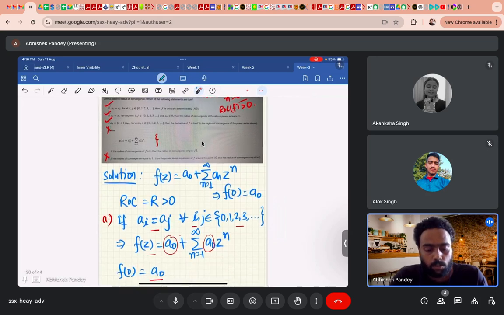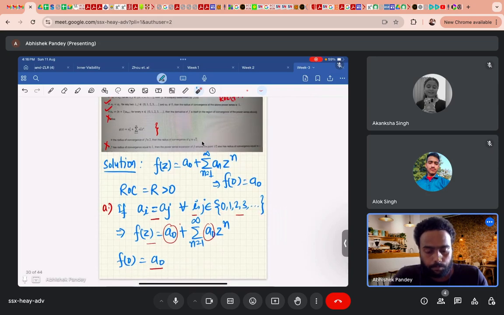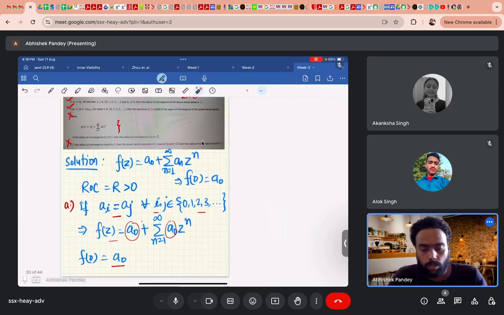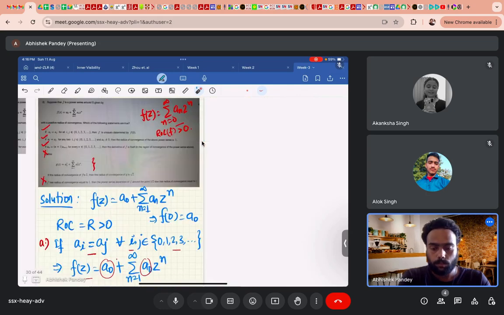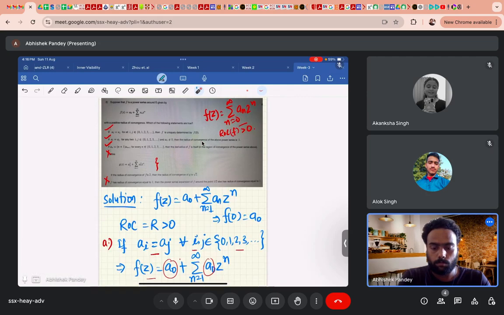If ai is equal to aj for every i, j, then since f of 0 is equal to a naught, what would be f of z? What does it mean that f is uniquely determined by f of 0?